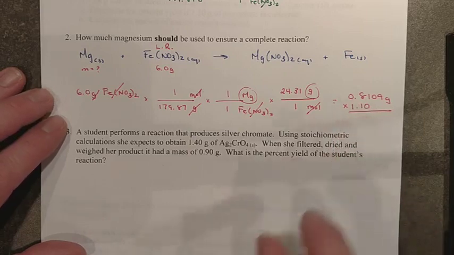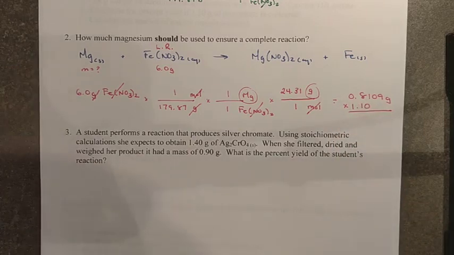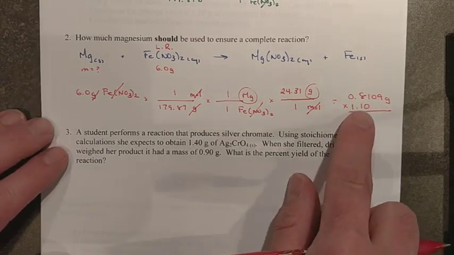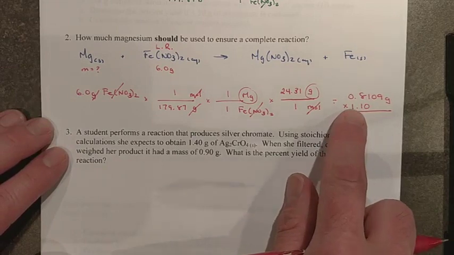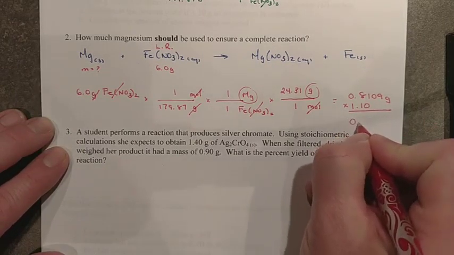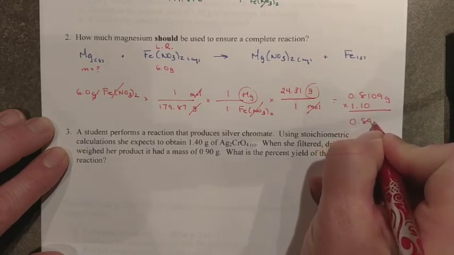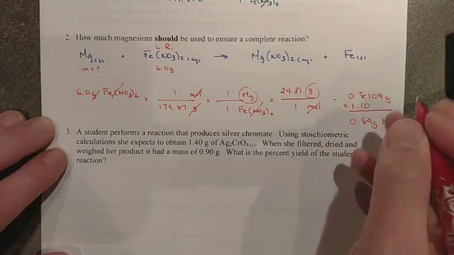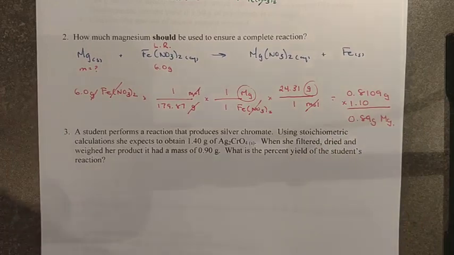So a 10% excess rule is what is expected. So 10% over 1 is 1.10. Multiply that through, round your answer, and you get 0.89 grams of magnesium as what you should probably measure out on the scale in lab. You've just saved 3.11 grams of magnesium.